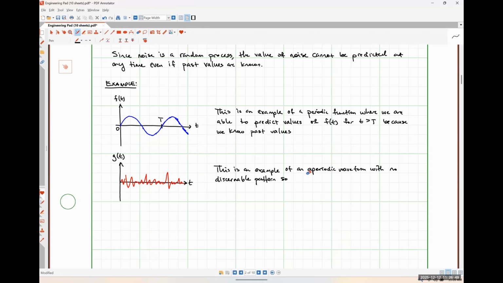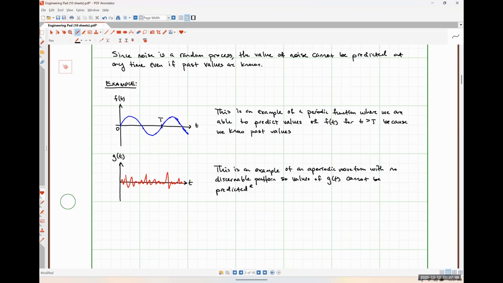So values of g of t cannot be predicted. And I put a little asterisk there, which is what we're about to talk about.